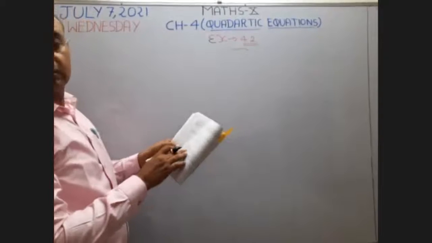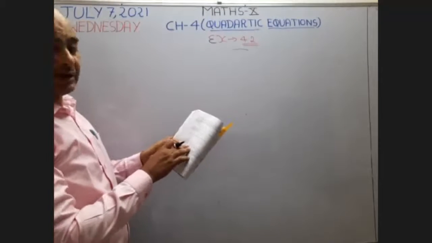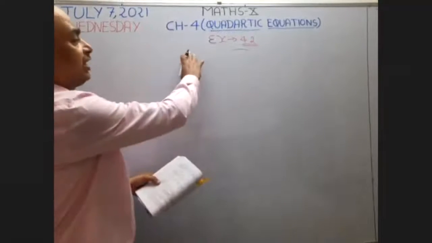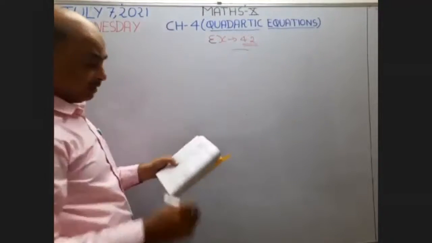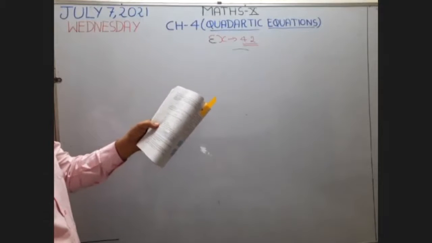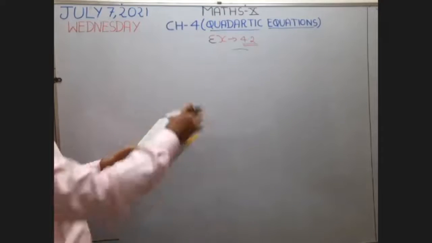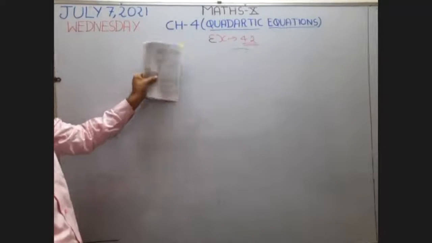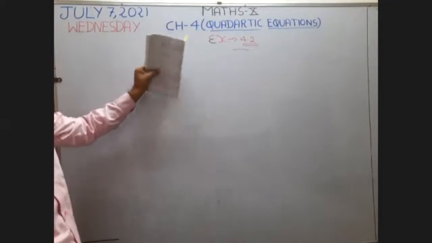Try it yourself. If you face any problem, then I'm going to solve it on Saturday in the pure doubt session. This is a simple question. What one thing I do is convert them into a quadratic equation. Up to the quadratic equation I'm going to solve it. After that I will leave it for you.